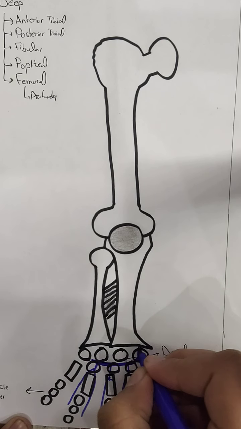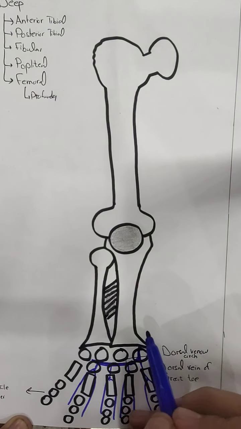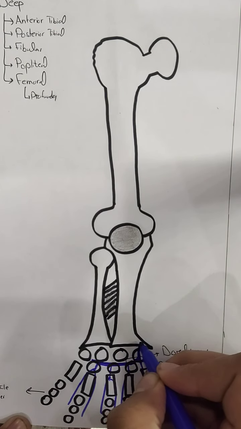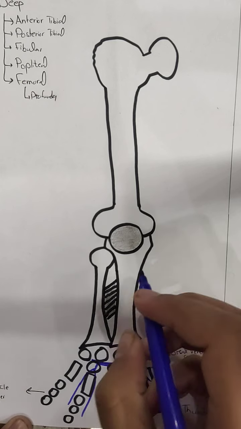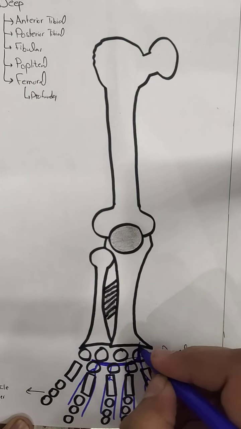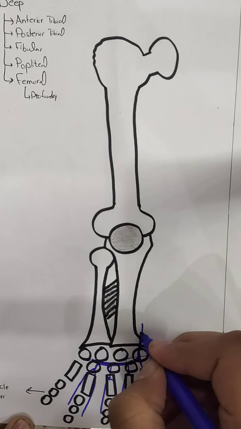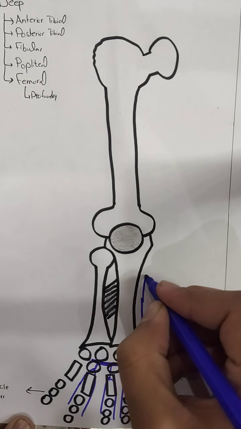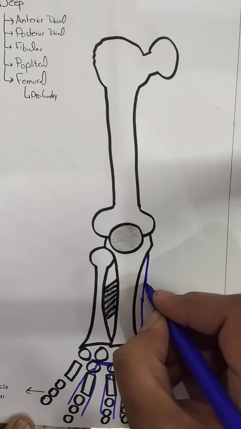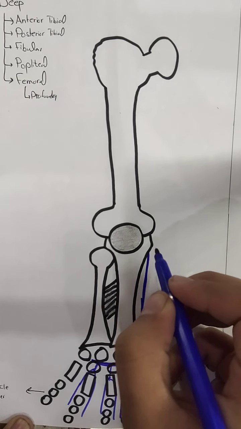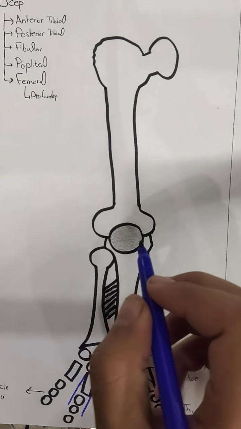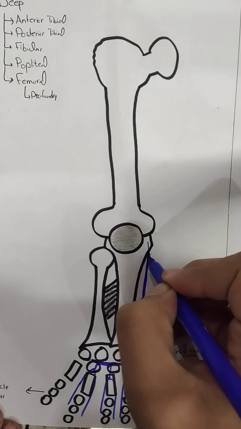Now this great saphenous vein will move anterior to the medial malleolus, as this is the medial side, so this will be the medial malleolus. Sorry, it will move anterior to this malleolus, and then it will ascend till it reaches the condyles of this femur bone.